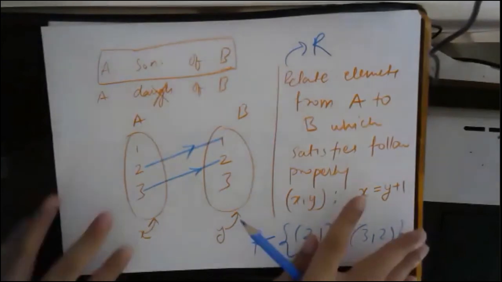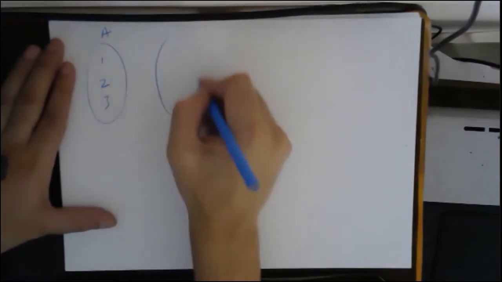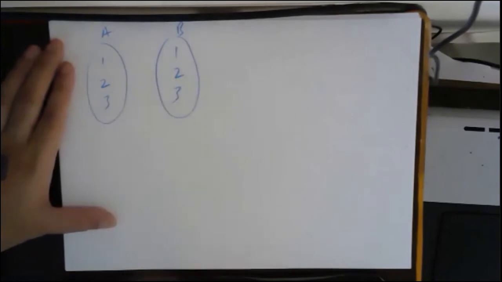Everybody understood? Now see, for the same set, suppose you have set A as 1, 2, 3 and set B as 1, 2, 3.